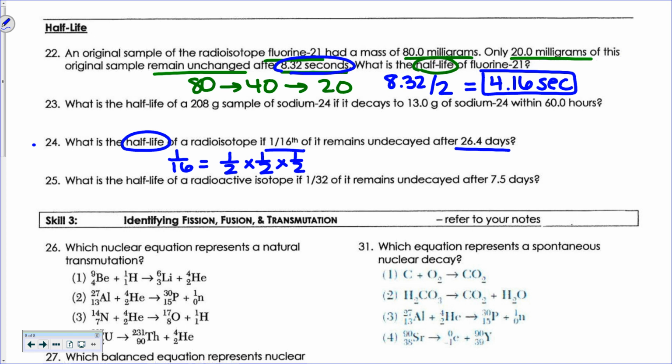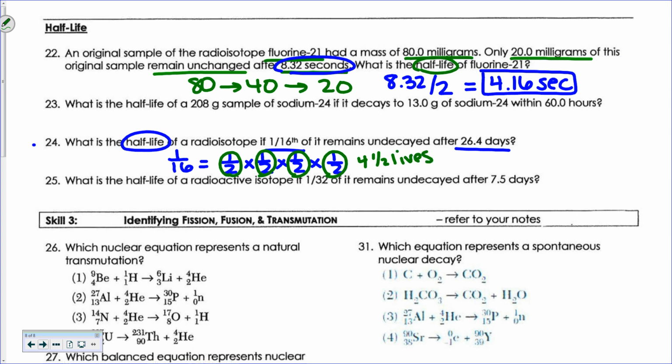Is it 1/2 times 1/2 times 1/2? No, 1/8. Is it 1/2 times 1/2 times 1/2 times 1/2? Yep. 2 times 2 is 4, 4 times 2 is 8, 8 times 2 is 16. So then I just count. I did 1, 2, 3, 4 halves. So that means it's 4 half-lives.